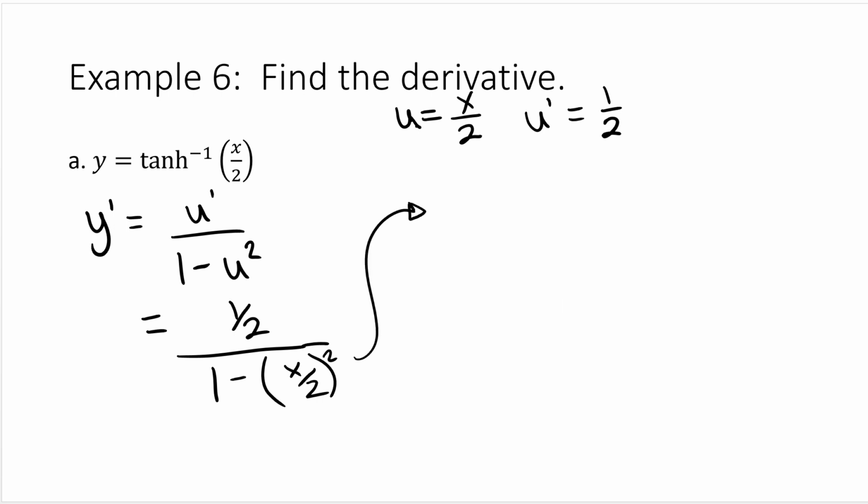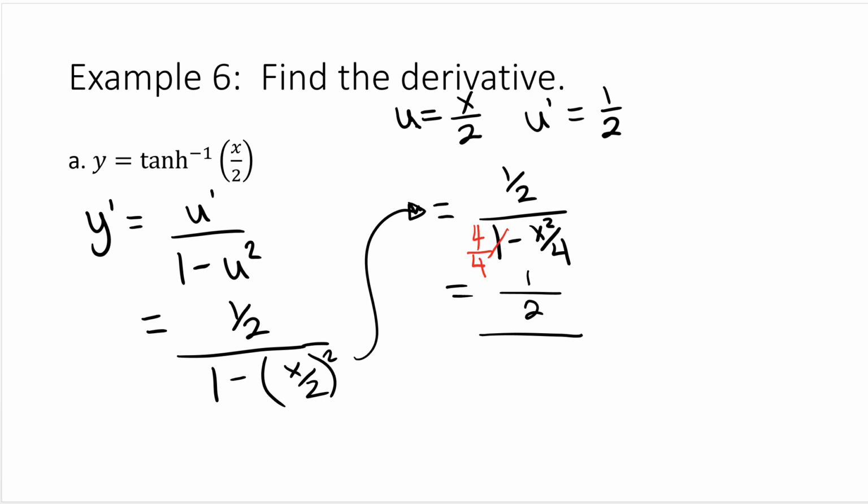If we simplified this a little bit, I could think of this as 1/2 over 1 minus x squared over 4, squaring both of those pieces. And then we could find a common denominator in the denominator of this fraction, so that I could think of my 1 as 4 over 4. So I could write that as 4 minus x squared over 4.